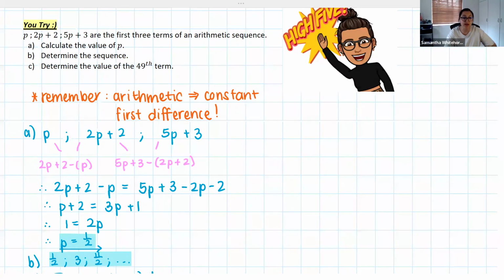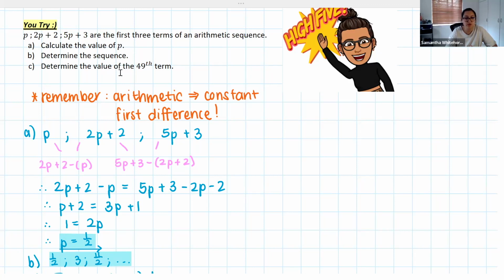You don't always need to panic when it's a fraction. So my advice to you is if you are getting fractions, so for example, p is a fraction, it's a half. My advice is substitute it into the formula. So work out the sequence exactly as B asks you to do, and then double check that it's arithmetic.